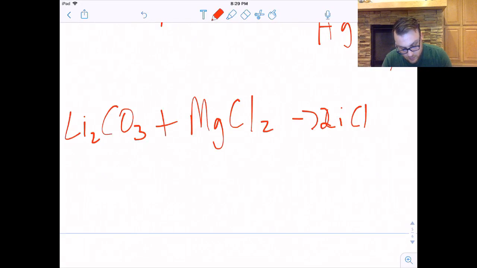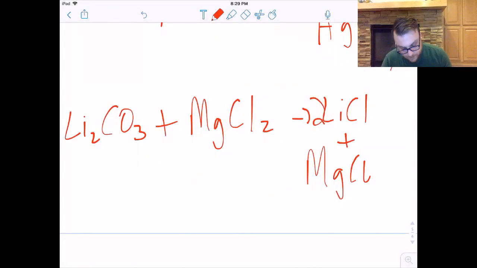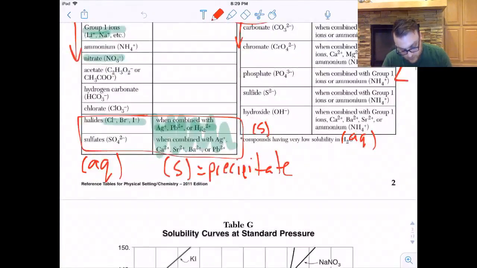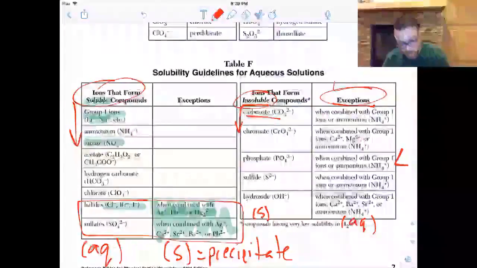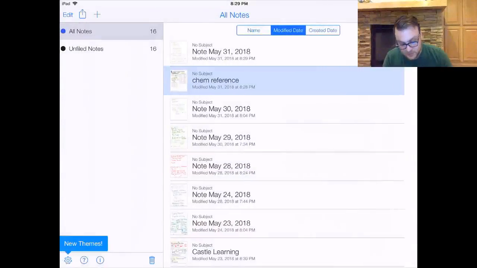If I go to Table F, I see that carbonates are insoluble unless they're with group 1 or ammonium. Well, magnesium is in group 2. So since magnesium is in group 2, this is your solid precipitate.